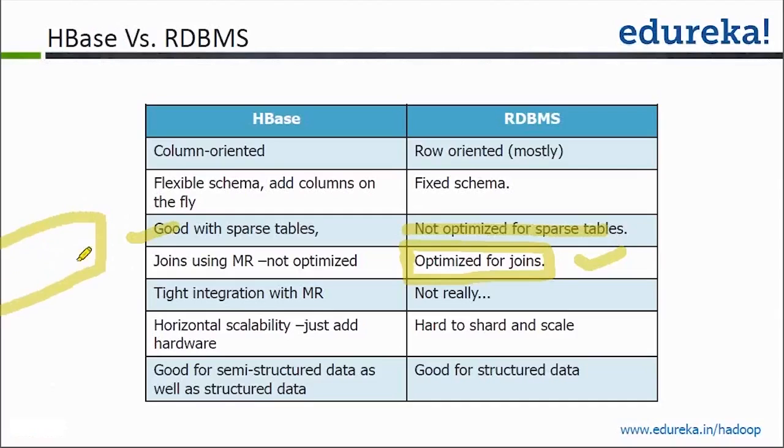You store all the columns which you need together, and you can retrieve them. So if you don't need a lot of joins, you can go with HBase. But if you need joins, as we saw in the advanced MapReduce class, you can still do them, since the underlying architecture is Hadoop, with the help of MapReduce, but it is not as flexible or easy compared to RDBMS.